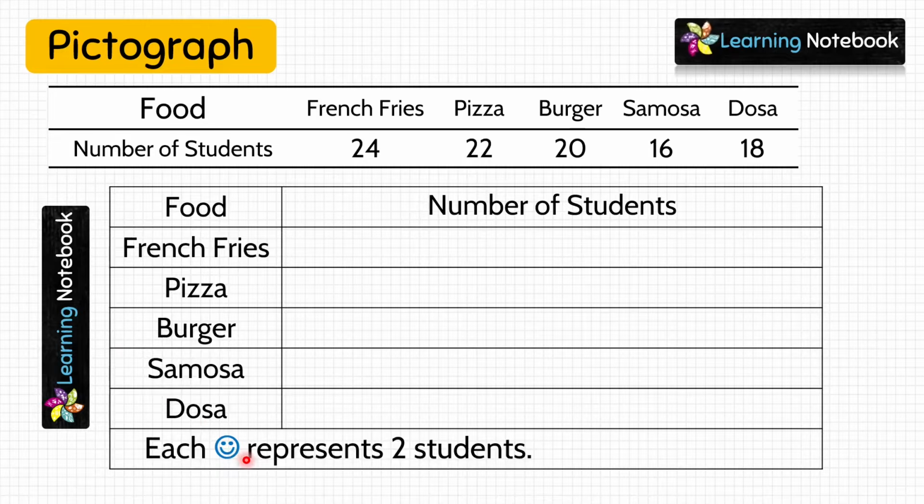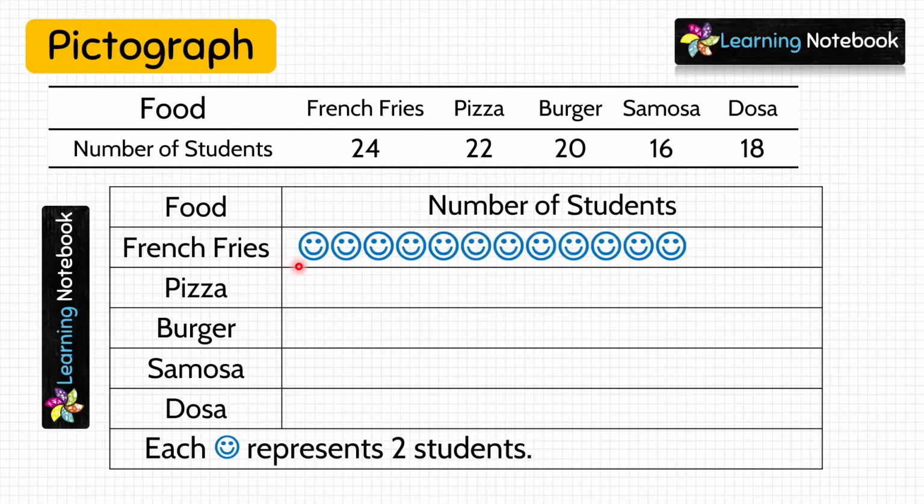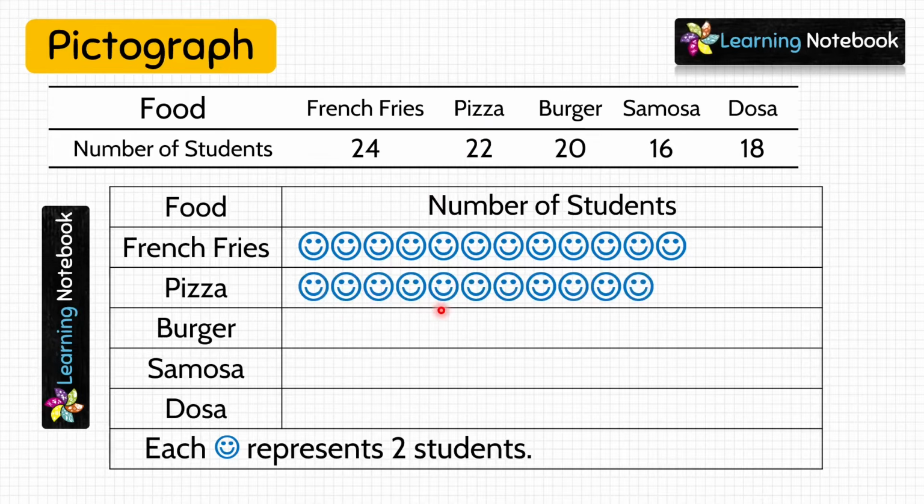Now look at the data. 24 students like French fries. So let's draw 12 smileys to represent 24 students. Next, 22 students like pizza. So we will make how many smileys? Yes, 11 smileys.